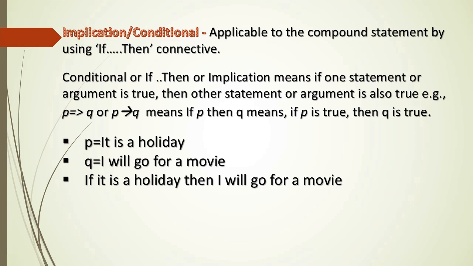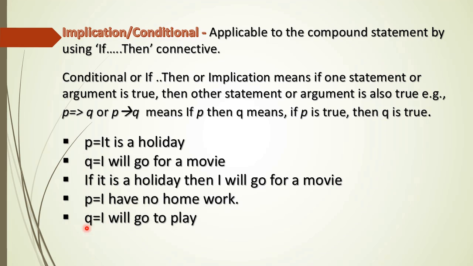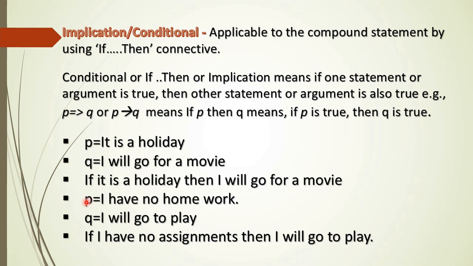We have another example. P, a simple proposition: I have no homework. Q, another simple proposition: I will go to play. Now if we apply implication here, these two simple propositions will be combined as: if I have no assignment, then I will go to play.